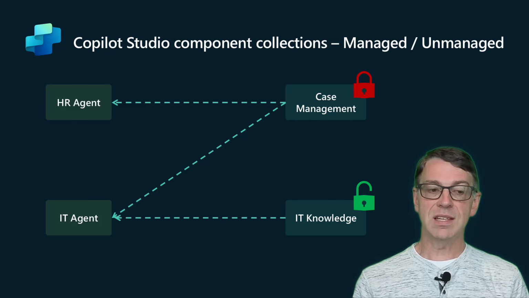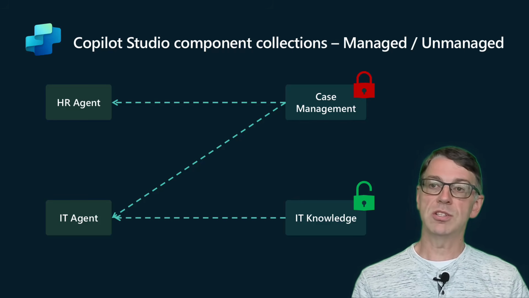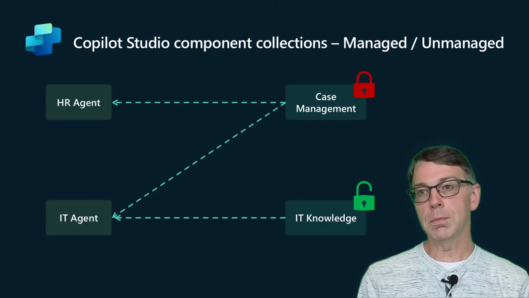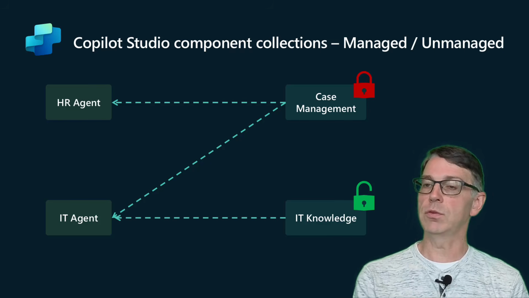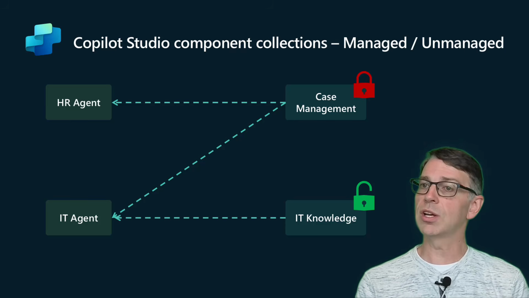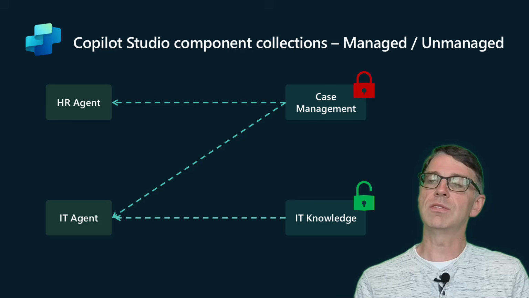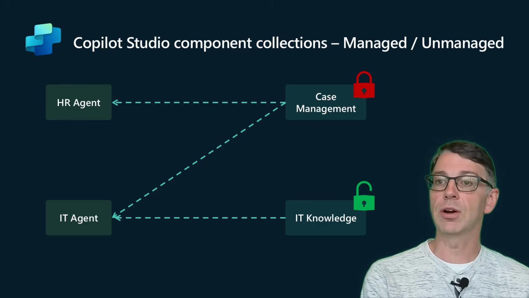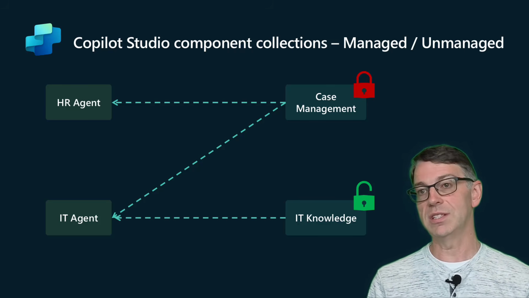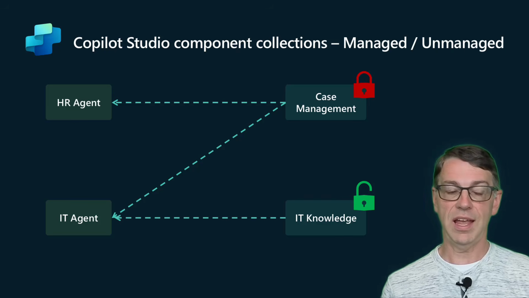In both cases, it's going to require us to go through a versioning process, and I'm going to go through that versioning process for you right now so that you can understand how this gives the maker control to decide when they're going to take a change. So let's take a look at that.